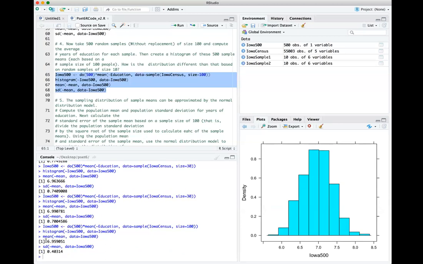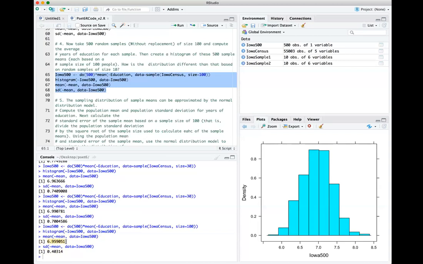But look at this. If you notice what happened with our point estimates, our point estimate's not that much better, but we have a smaller standard error. And this goes back to the point I made earlier, which is that precision is overrated.